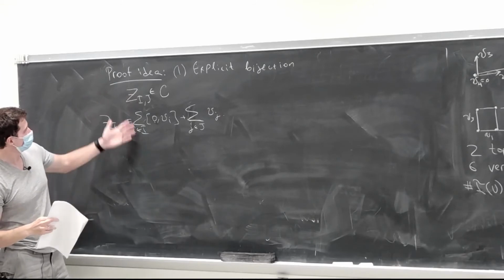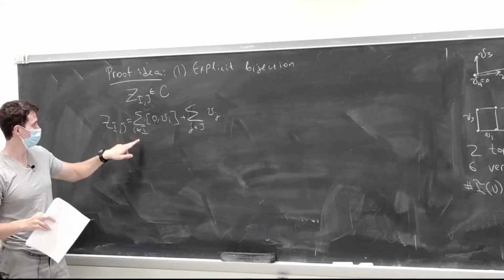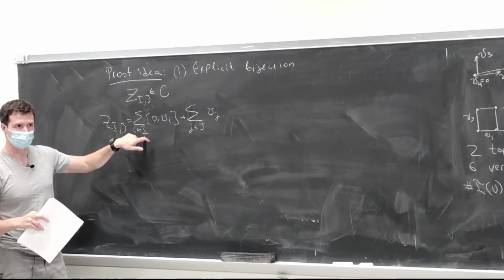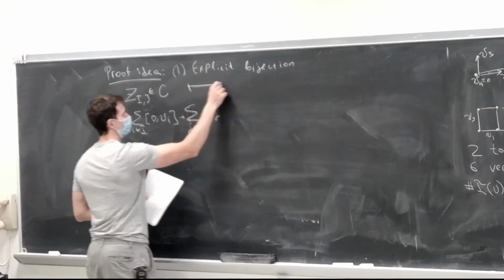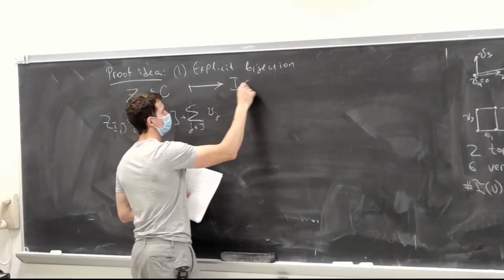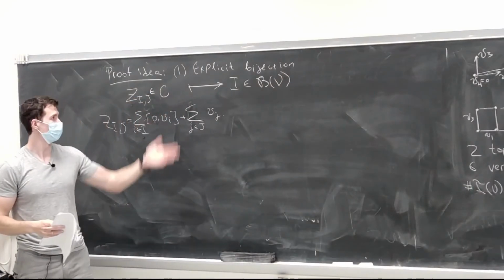And the idea is that this is a top-dimensional tile if and only if I is a basis. And the claim here is that you just map Z_{I,J} to I. I is a basis. And the claim is that this is a bijection.